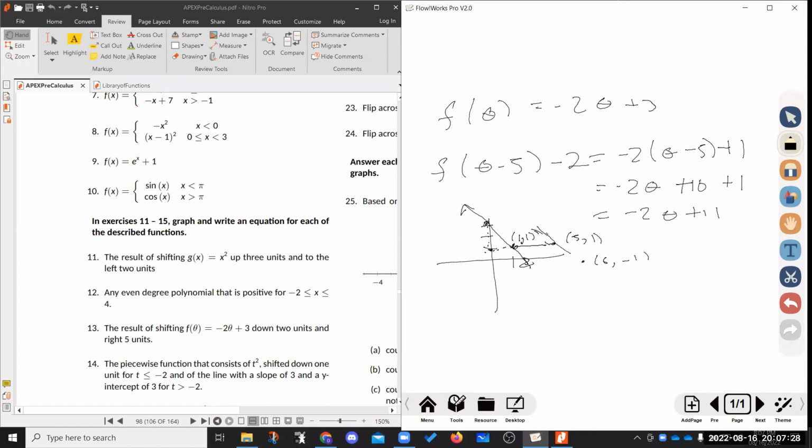This is going to be a parallel line, has the same slope, and putting in 6 there, I do get -1. That's correct. So I want another line with the same slope of -2. It's just going to change its y-intercept, and the y-intercept is going to be 11.